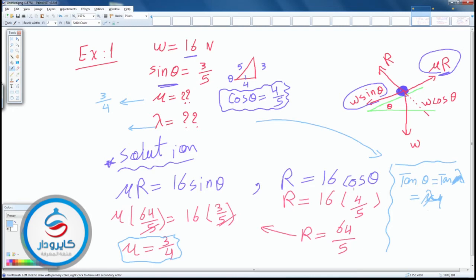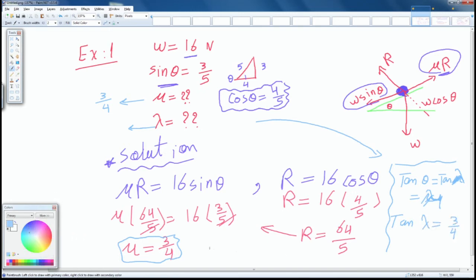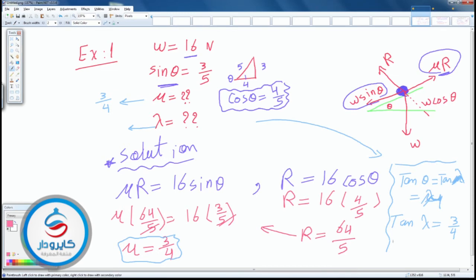So tan lambda equals 3/4. By using a calculator we can find that lambda equals 36 degrees and 52 minutes.